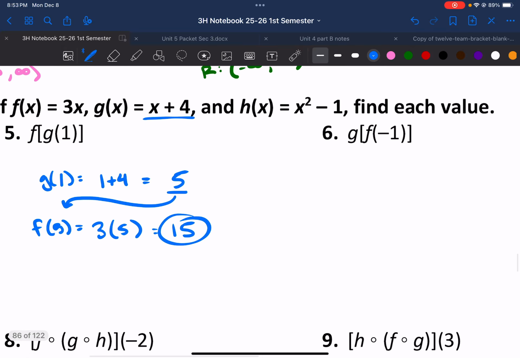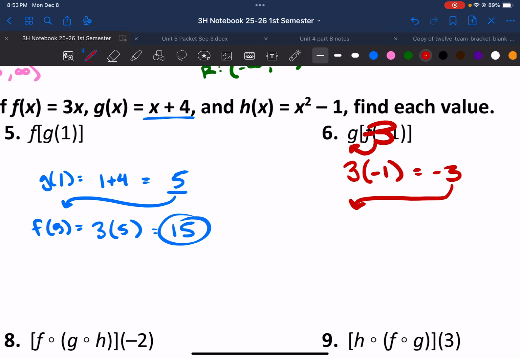Let's do a different one. I'll leave that one up. Work from the inside out. Take first a -1, and plug it in for F. So here's the F equation. I'm giving it to you in the instructions. 3 times -1. That gives me -3. Okay, now I take that -3 and I'm going to plug it into which equation? G. So this whole thing equals -3.